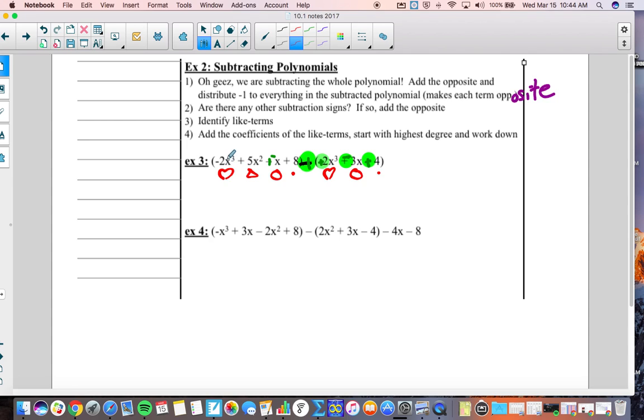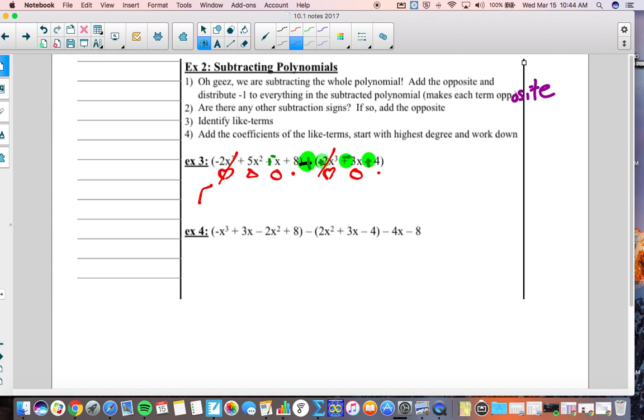I'm combining negative 2x to the third with positive 2x to the third. So we're going to add the coefficients of the like terms together. So negative 2 plus positive 2 is 0x to the third, which we don't actually need to write down. So these are eliminated. They make 0. Next we have x squared. It's 5x squared.